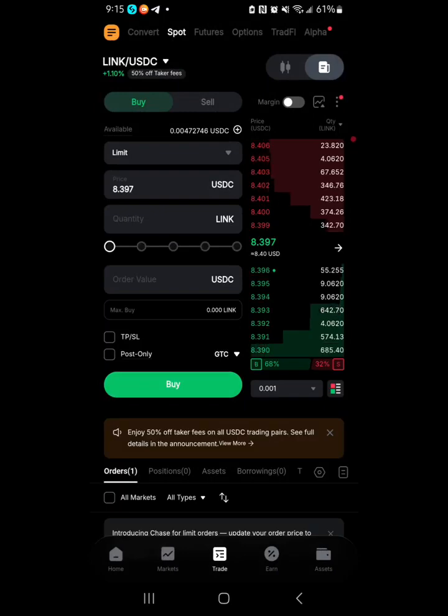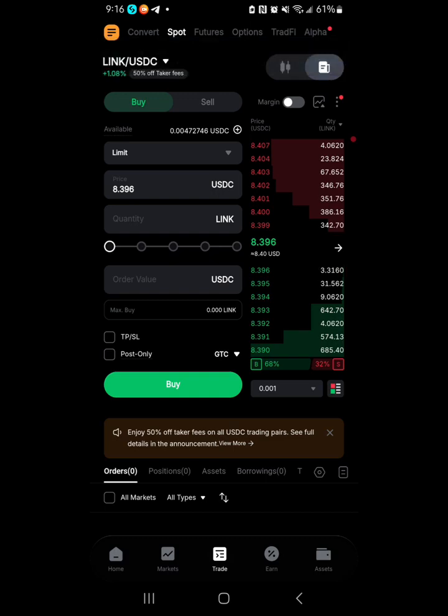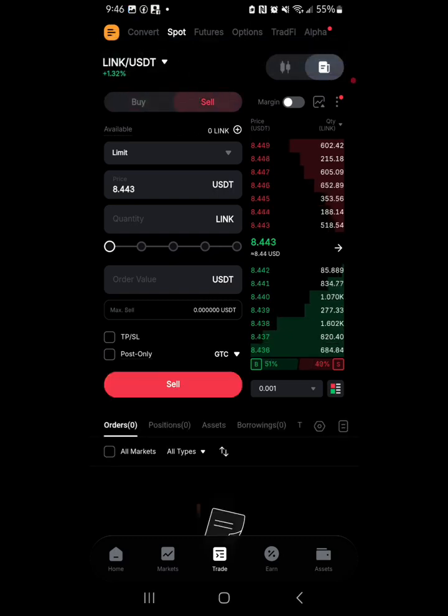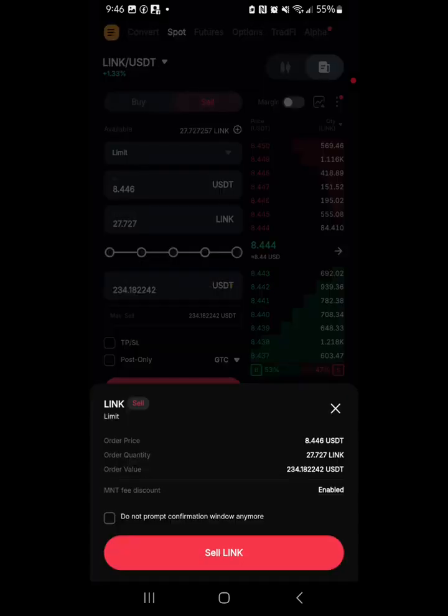So apparently, after a couple of minutes, the LINK USDC order was successfully executed, as you can see on the screen. The aim is to sell it now to LINK USDT, and that's how we're going to be making some outcome in this. As you can see, we are ending at about 334. Meanwhile, we started with less than that, if you can recall.